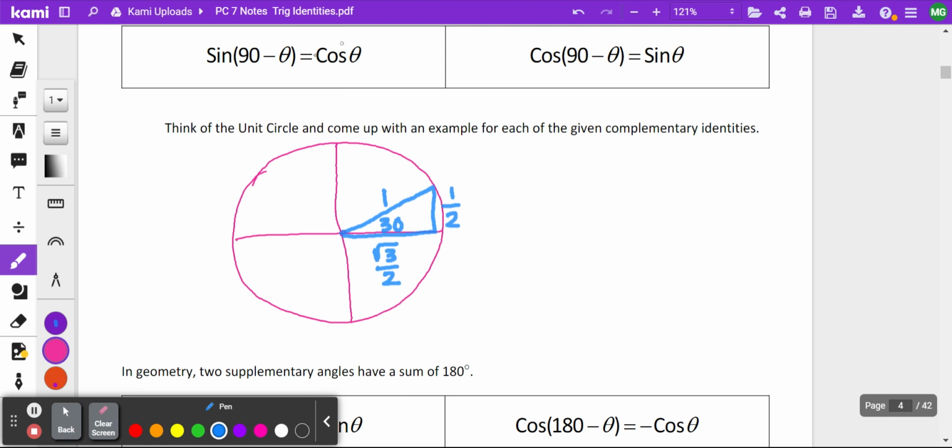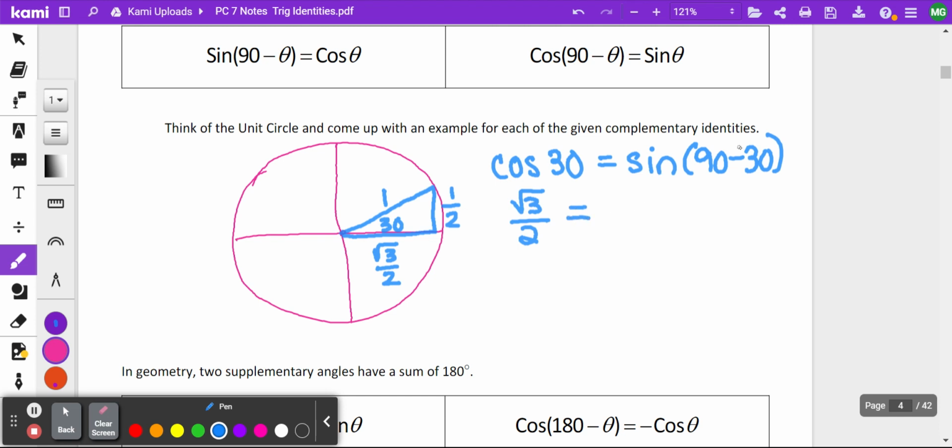So let's take a look at this. The cosine of 30, I'm going to write it backwards. Okay, so the cosine of 30 equals the sine of 90 minus 30. What is the cosine of 30? Well, we have it right here. It's root 3 over 2. What is the sine of 60?